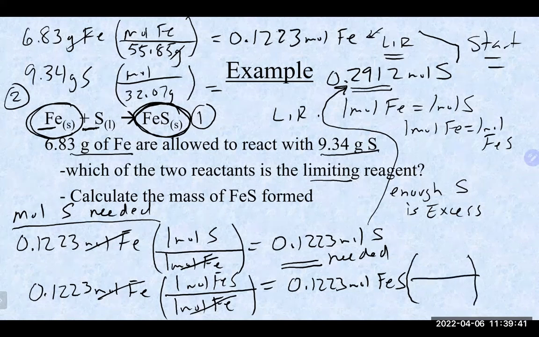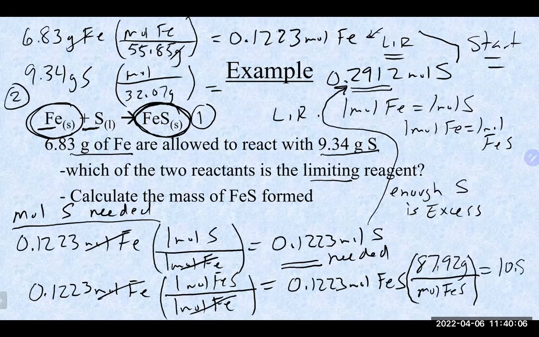Using the molar mass for iron(II) sulfide, that is 55.85 for iron and 32.07 for our sulfur, gets us 87.92, which obviously comes from the periodic table, times 0.1223 gives us about 10.8 grams of iron(II) sulfide would be produced, and again would be our theoretical yield here.